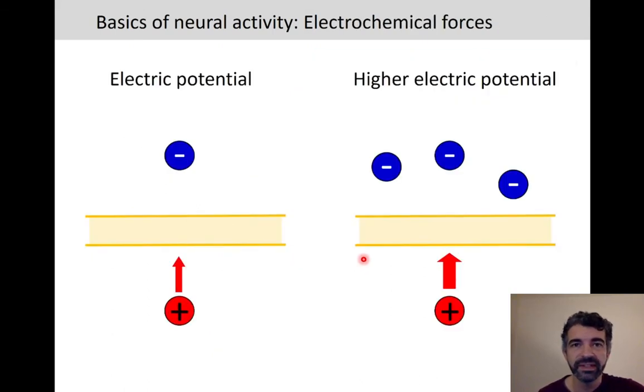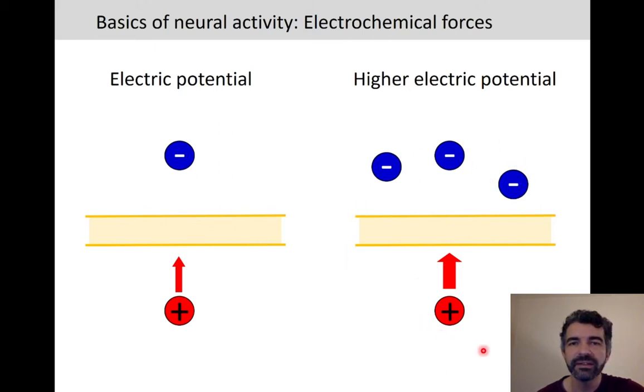So in order to understand how an action potential comes about, we need to focus on two electrochemical forces. The first one is the electric potential. Here on the left-hand side there is an electric potential, because there is a positively charged ion on one side of the membrane and a negatively charged ion on the other side. So the positive one is attracted by the negative one, but at the moment they can't cross.